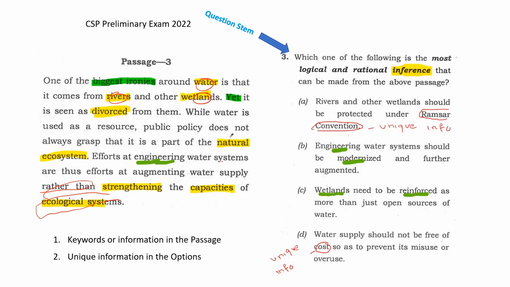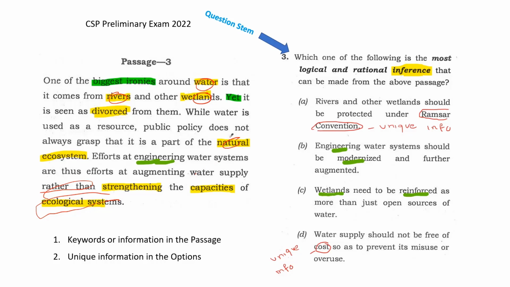How many times do you see this word ecosystem? Natural ecosystem, wetlands, rivers. So rather than strengthening the capacity of the ecological systems from where water comes, the public policy is focusing on engineering water systems.